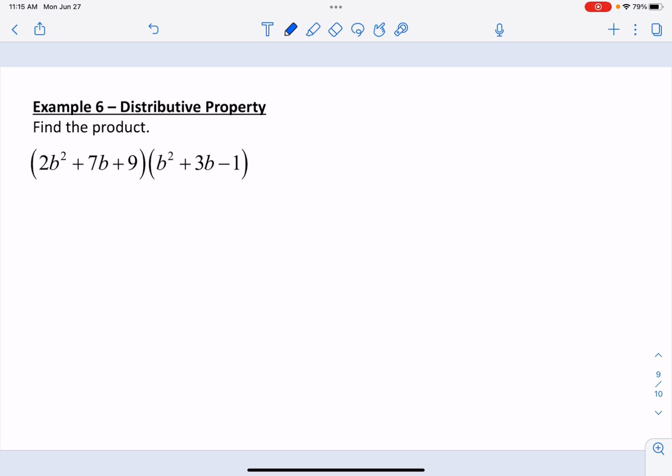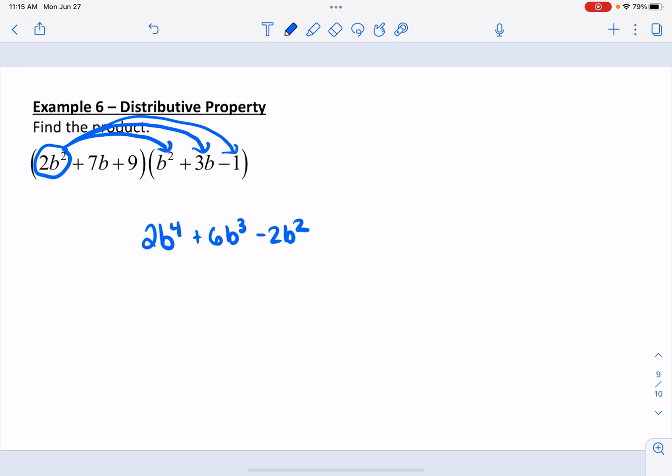Multiplying this guy through, so, distributive property. And what I'm calling the distributive property is a little different than the book. 2b squared times b squared, well, that's going to be a 2b to the fourth. 2b squared times 3b. And then multiplying to the last term, minus 2b squared.